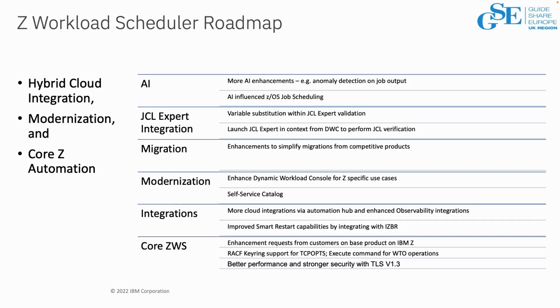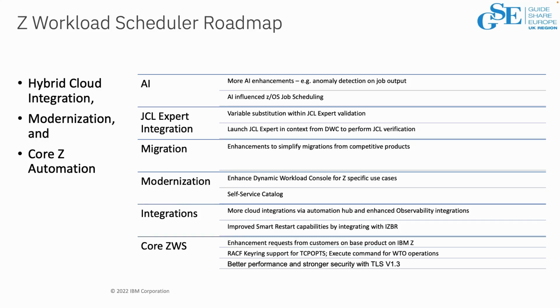Now let's come to the future part of this presentation. This is a roadmap that includes what has been delivered in December and what we plan to deliver in 2023. So we have more announcements coming on AI.